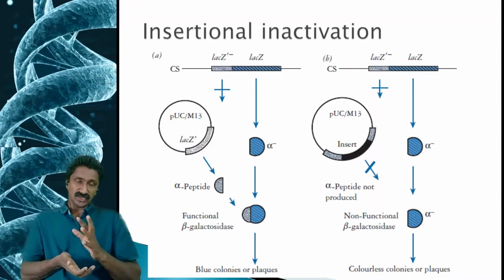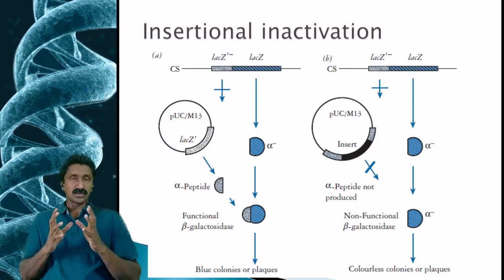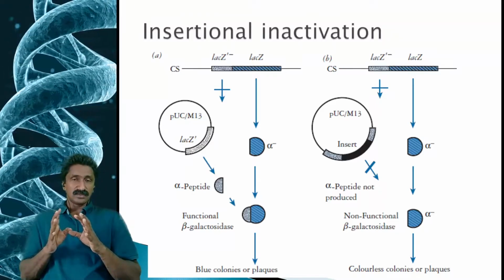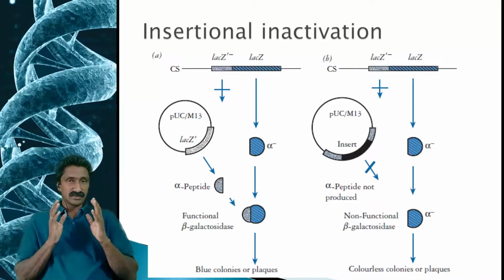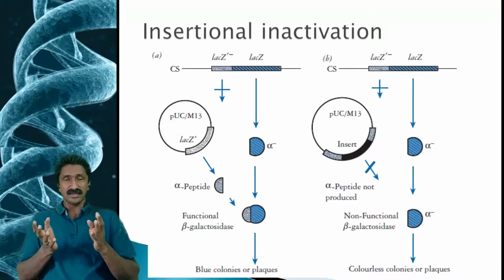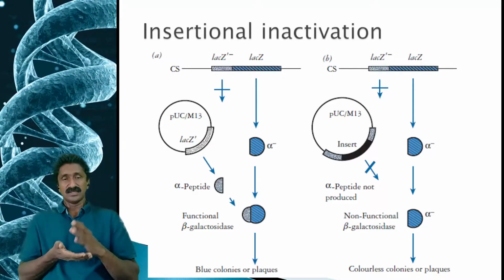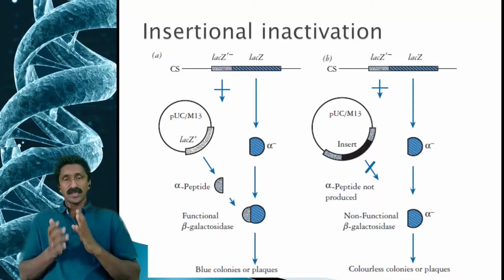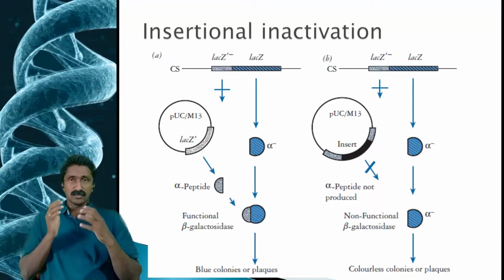So blue-white screening is a standard procedure in which the blue colonies are the colonies that contain vector sequences and not the rDNA. If the rDNA construct is inserted within the vector, then we will have white colonies or plaques.